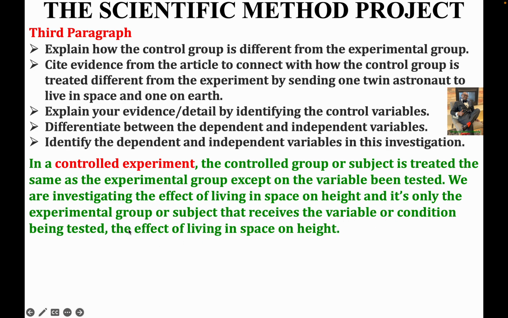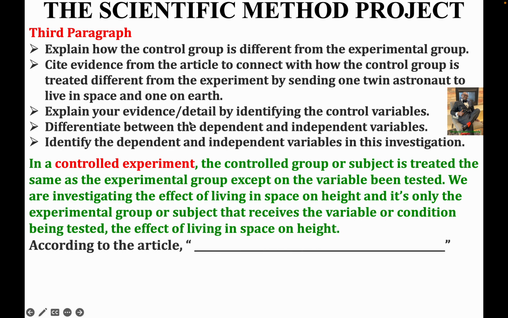In this case, the condition that we are testing is the effect of living in space. So that's the reason why we didn't send Mark Kelly also to live in space. We sent only Scott Kelly because he is the experimental group. And that's the way the experimental group is treated differently from the control group in this investigation.